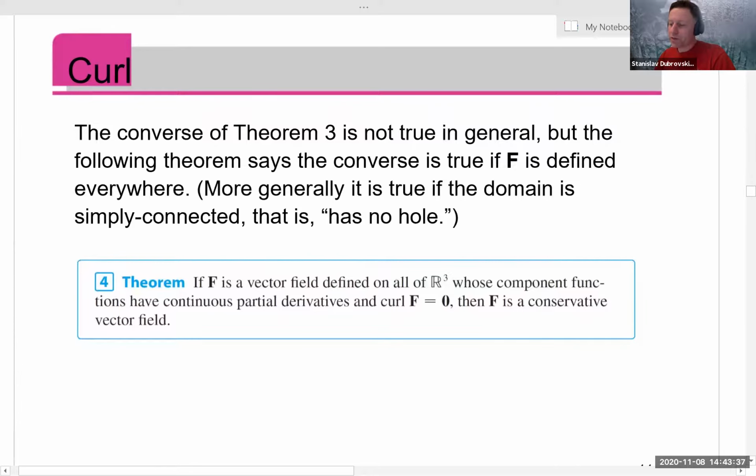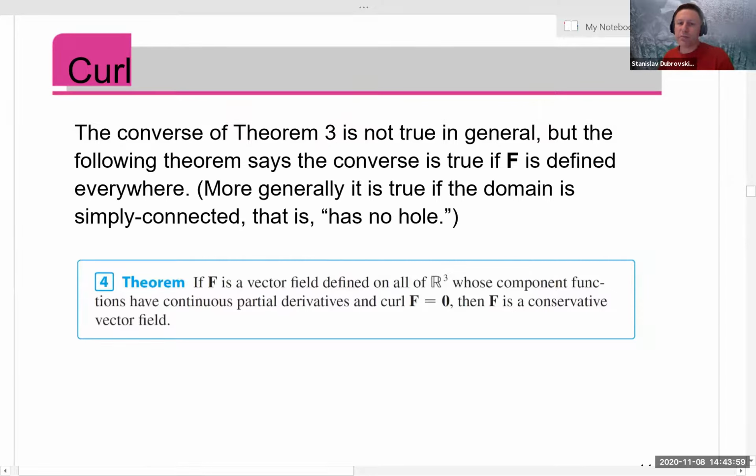An interesting question is, what can we say in a different direction? If the curl is equal to 0, does it necessarily imply that the vector field is conservative? Not always, but as we saw, a similar question was answered in the positive for plane vector fields.